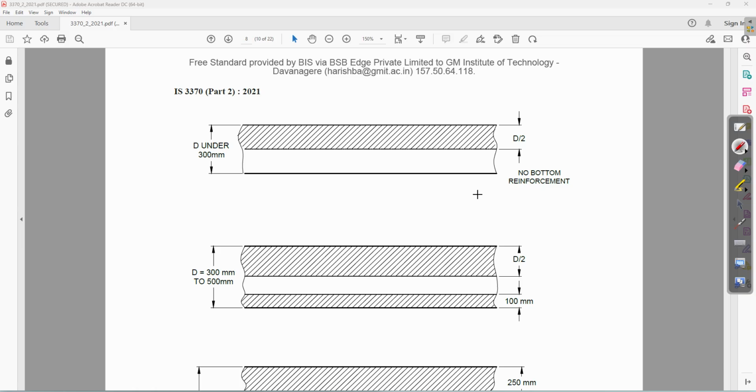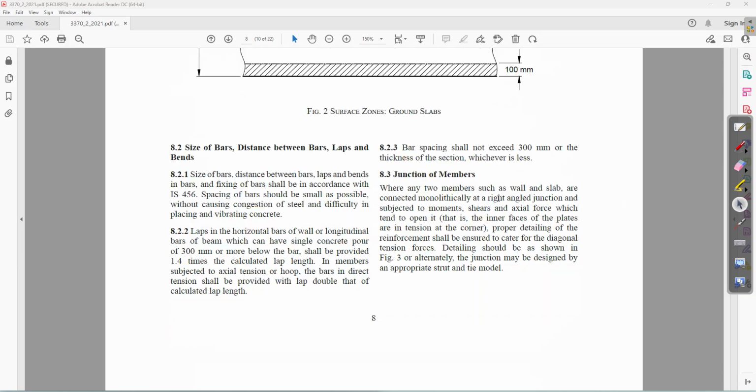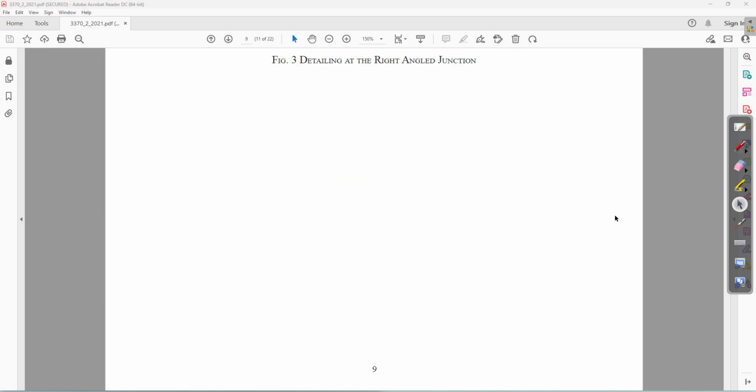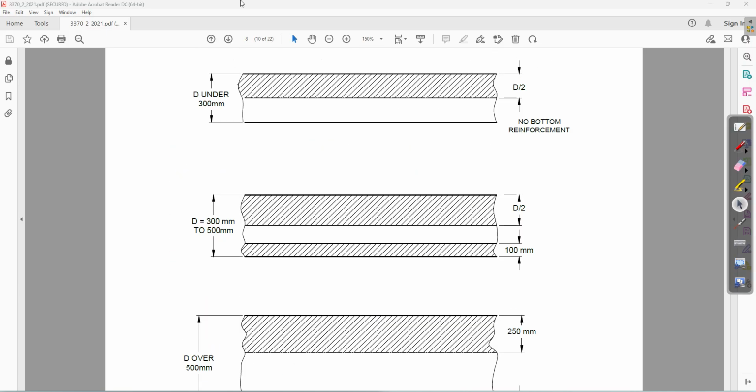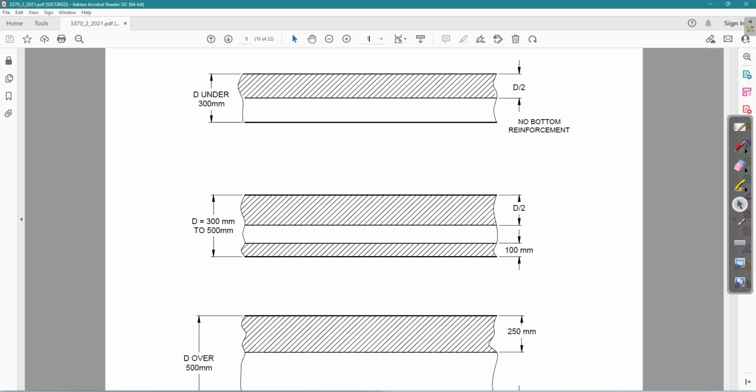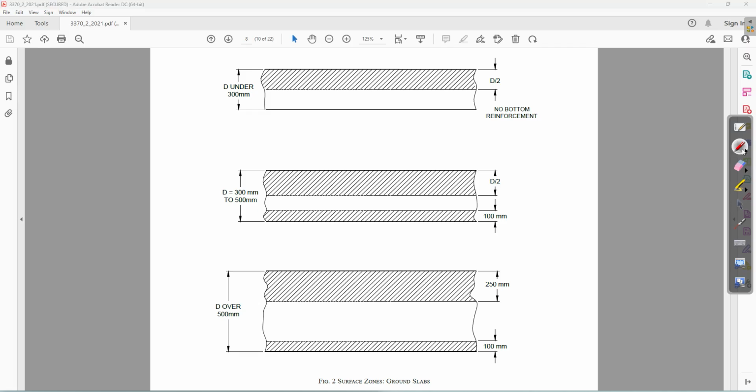In case of ground slabs, you need to refer figure 2, surface zone for ground slabs. Here you have the two diagrams.